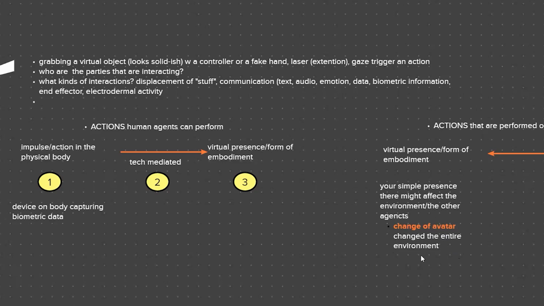It's not simply that you put on the headset and you just appear there or are present there. What's the form of that presence, and who are you there, and what are your powers in that world?